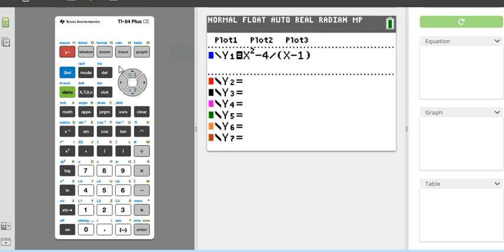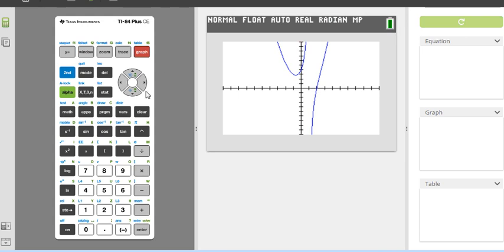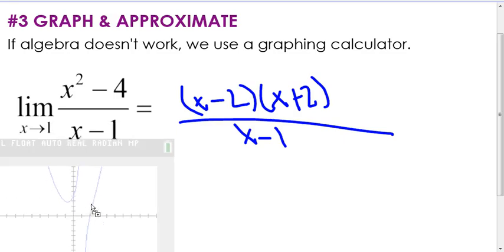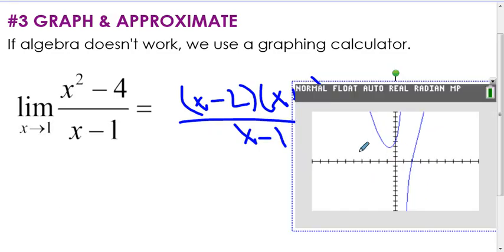Now, because I'm on technology, I'm just going to drag the graph over onto my screen so that you guys can see it.